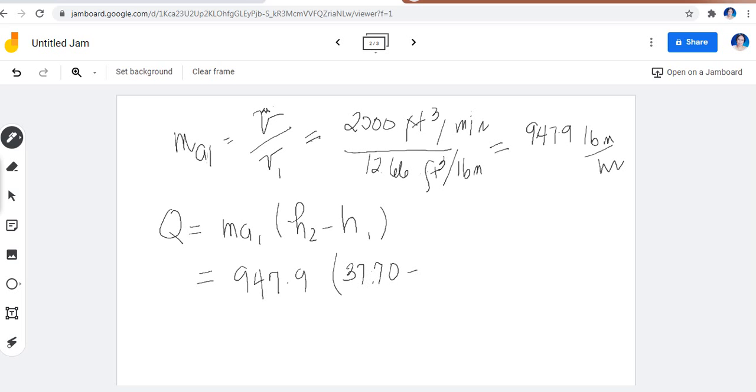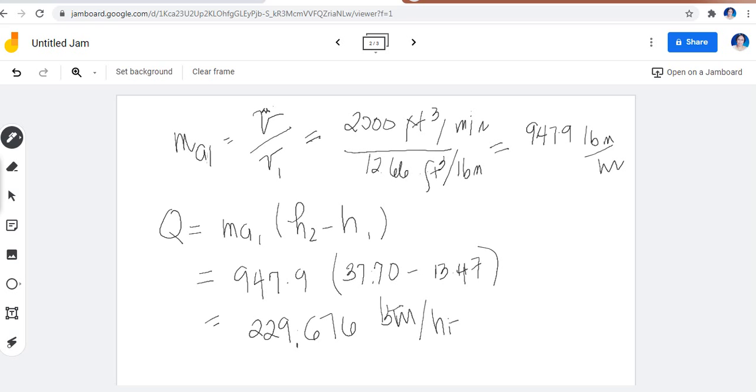We subtract from it 13.47. Okay, so your resulting value for the heating load is 229,676 BTU per hour.